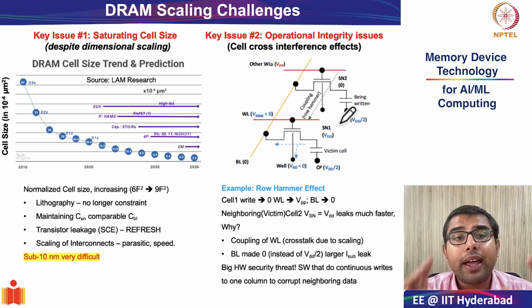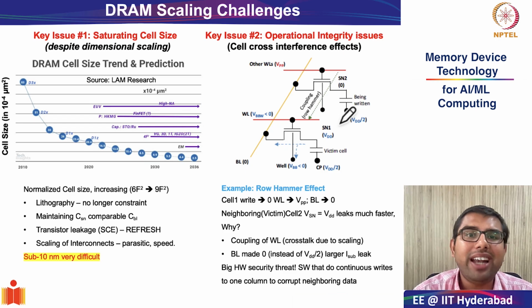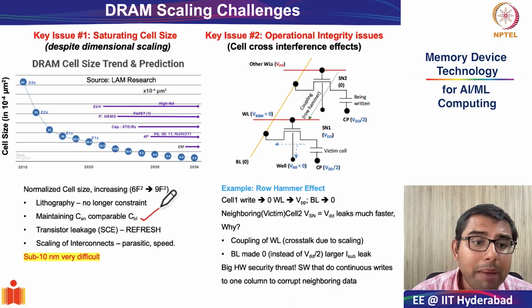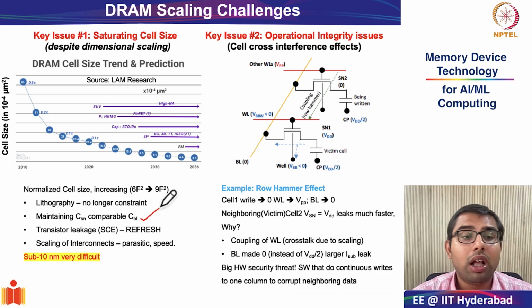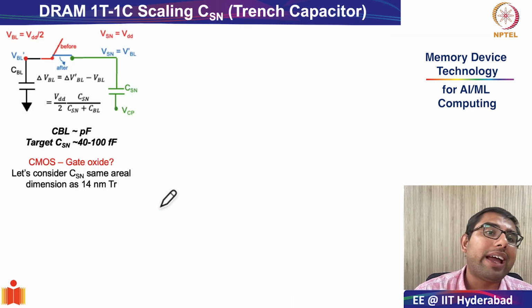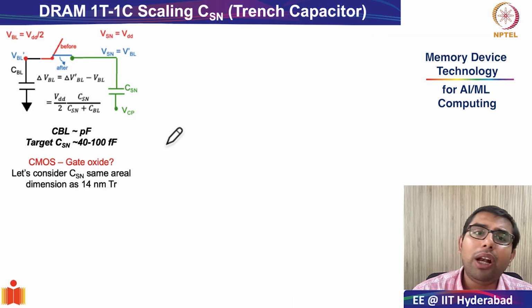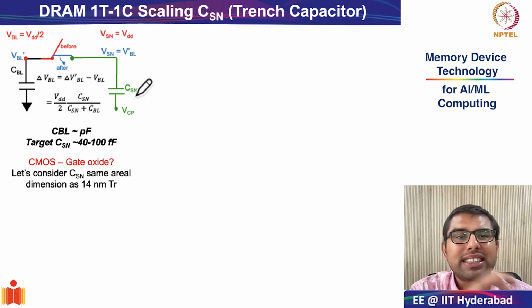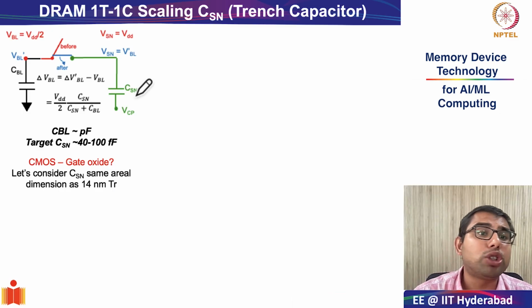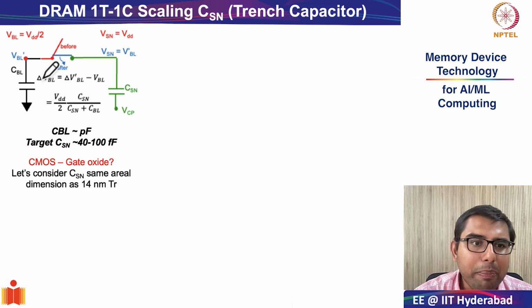Okay, now that we have discussed what are the main DRAM scaling challenges, we will start looking for solutions. Remember, the key problem was trying to maintain a respectable value of capacitance compared to the bit line capacitance. We have been looking at the shared capacitor charge sharing model for DRAM in detail, so I will not repeat it again.